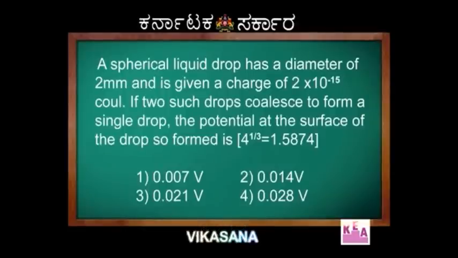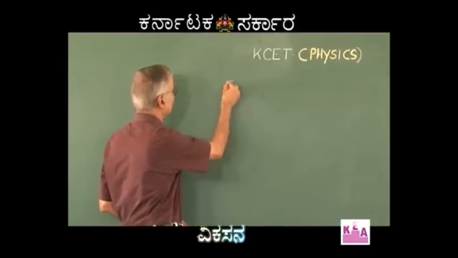If two such drops coalesce to form a single drop, the potential at the surface of the drop formed is, first option 0.007 volt, second option 0.014 volt, third option 0.021 volt, fourth option 0.028 volt. Look here, there are two drops.